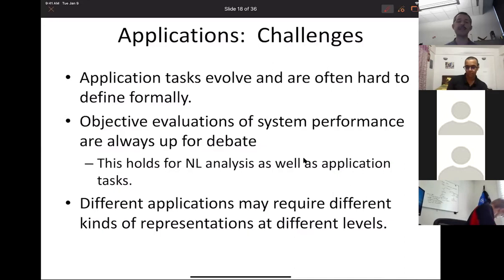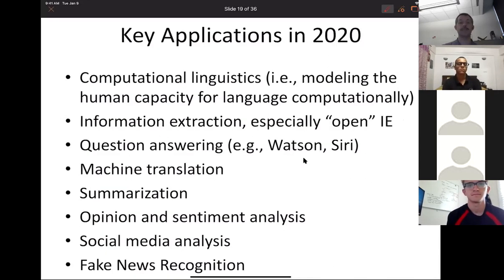And different kinds of applications, finally, may require different kinds of representations at different levels. So you have to be flexible. But if you understand the different levels of representation and the different formalisms and approaches that have been used, then it's easier to see what to do for a particular application.